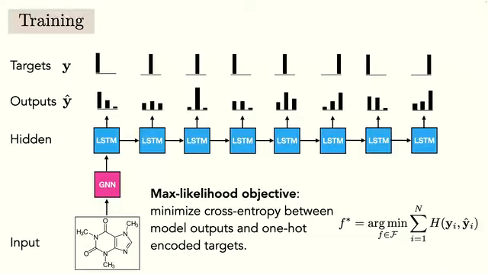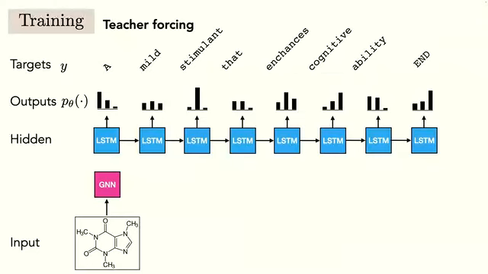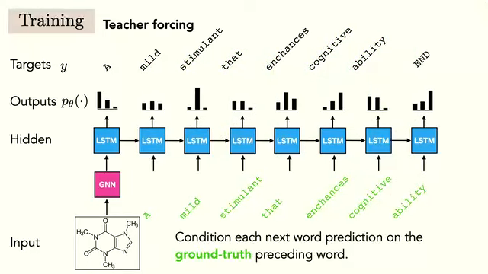But actually in training, we often use something called teacher forcing, which is basically, even if you predict the wrong thing at a given time step, you enforce the correct word goes in as the input. So you send this in and condition each next word prediction on the ground truth preceding words, instead of letting it devolve and then penalizing it for every mistake it made after its first mistake.